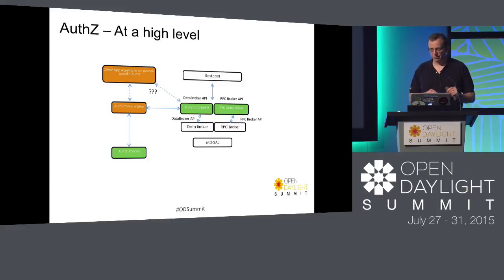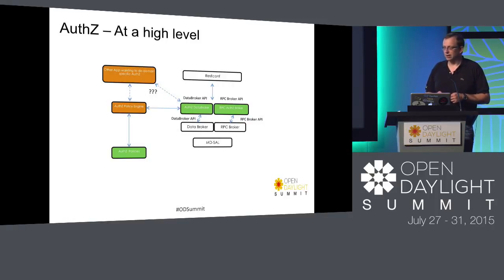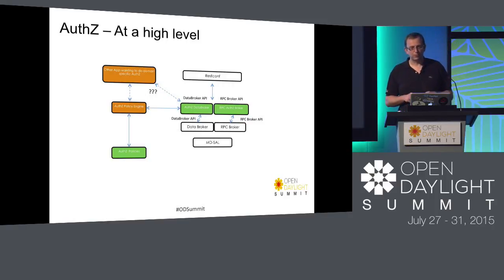So for the SFC use case that they mentioned, user Joe or any user not being allowed to delete a particular data, that's to me like a bread and butter authorization case that can be handled through the policy engine. But should user Joe be allowed to configure the next hop IP address on node Z, that's probably an SFC domain-specific policy that should be within the application handling SFC.